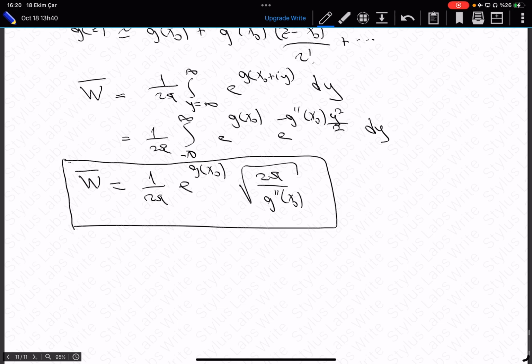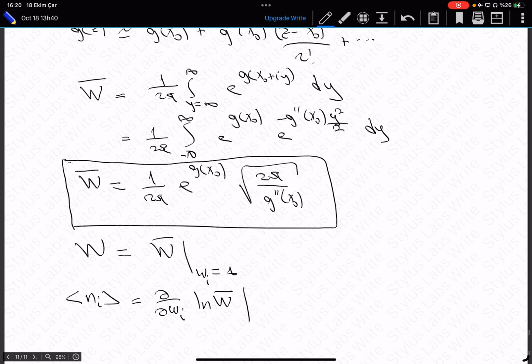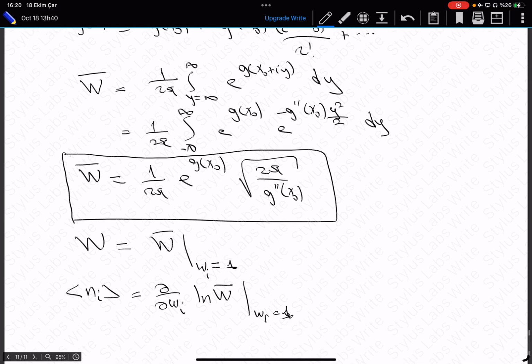And omega was omega bar evaluated at omega is equal to 1, all the omega i's being equal to 1. So basically, once I obtain omega, the average of n i was nothing but derivative with respect to omega i of logarithm of omega bar, evaluated at all the omegas equal to 1. So basically now I have all the ingredients I need. The only thing is I have to just put them back in and try to simplify as much as possible.